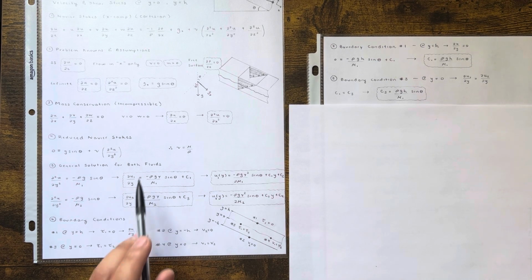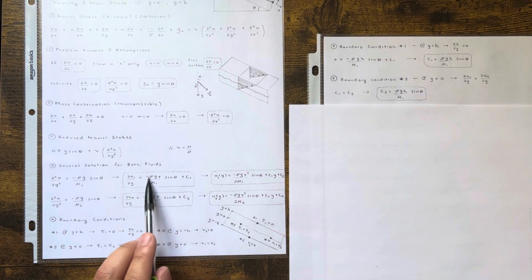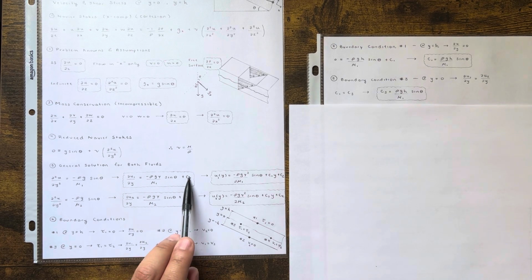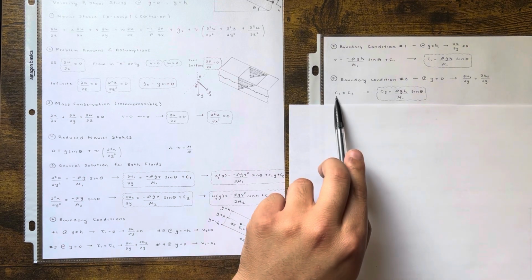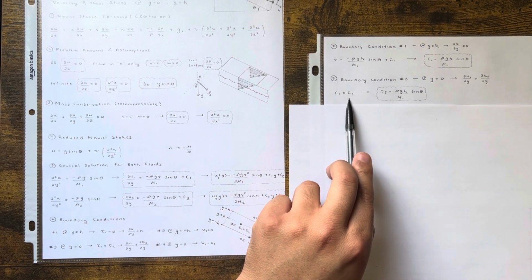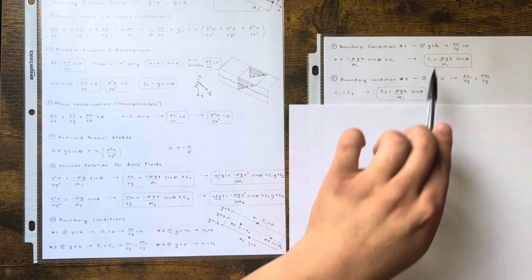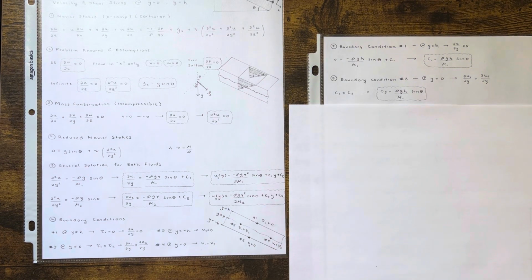Set the equations equal to each other, and for every y that you see, you plug in 0. So all this term goes to 0, and all this term goes to 0. That means C1 is equal to C3 because I set the two equations equal to each other. So that's what I put here: C1 is equal to C3. C3 is the same as C1. That's just the same number.